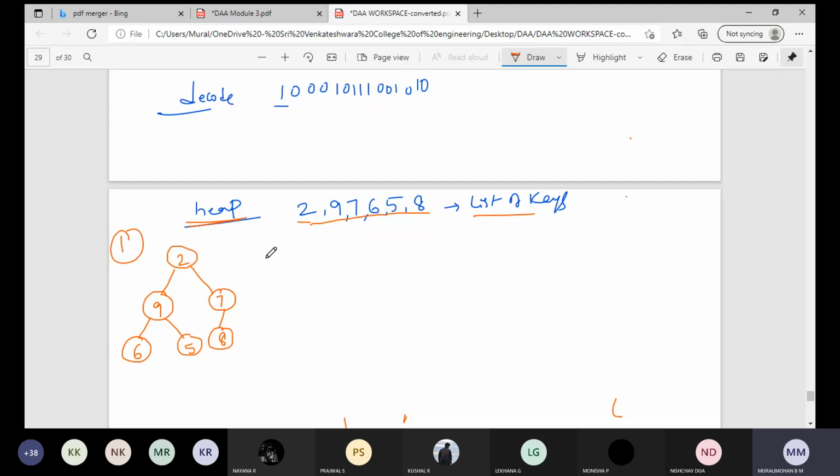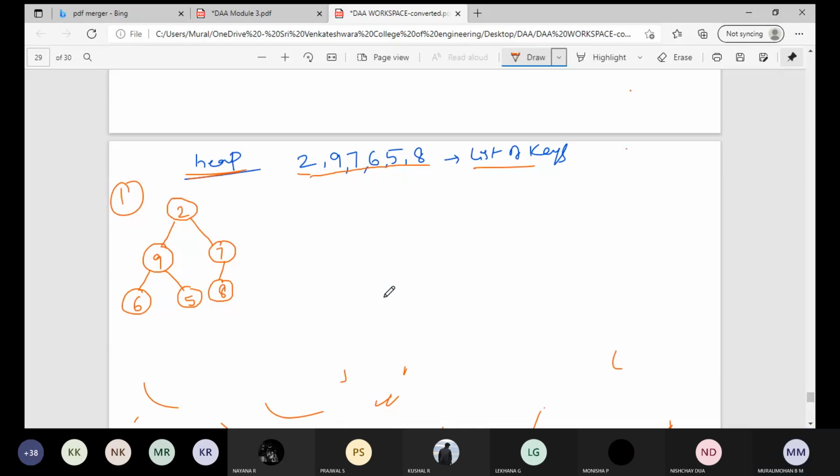Okay, the first step is to construct the tree for the given list of keys. Now you check for the parental dominance of this one. Parental dominance means the root node should be greater than the child node, right? That is the condition.